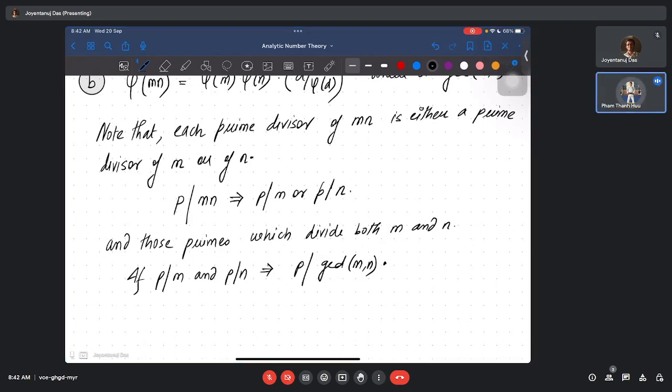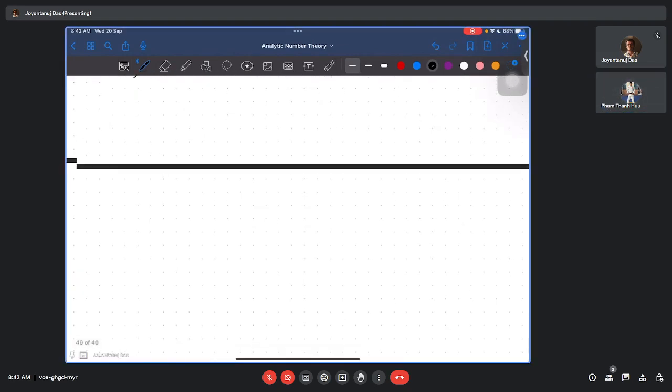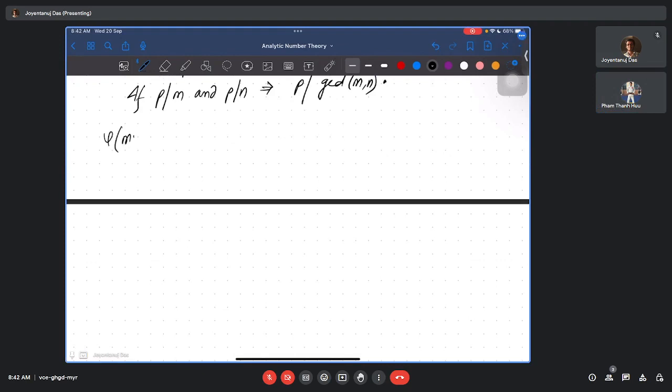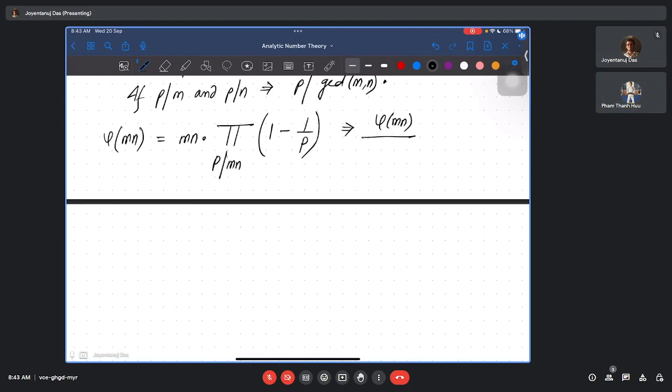Now we'll apply the formula. Phi of mn is mn times the product over p dividing mn of 1 minus 1 by p. So phi of mn divided by mn is the product over p dividing mn of 1 minus 1 by p.